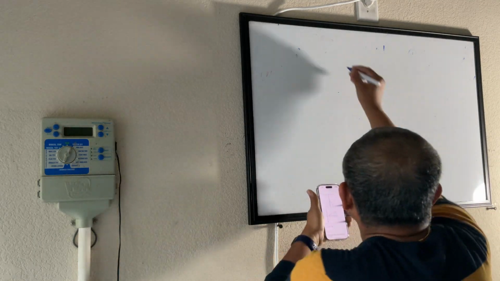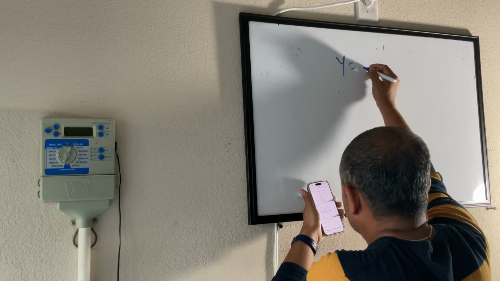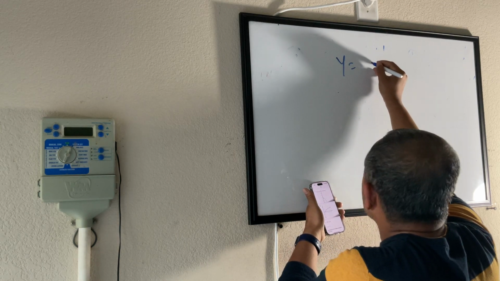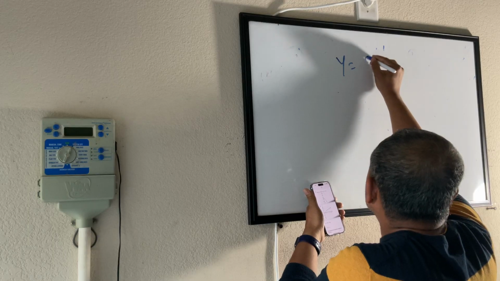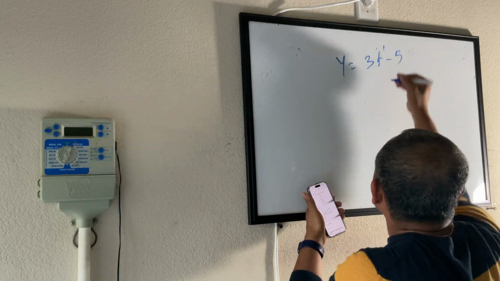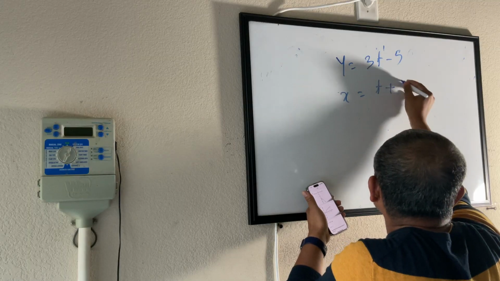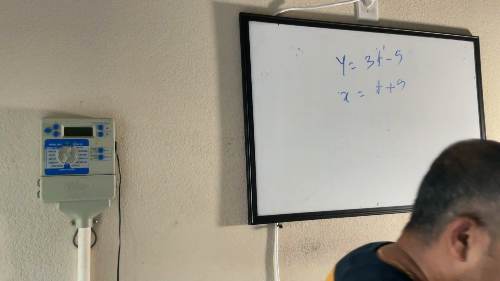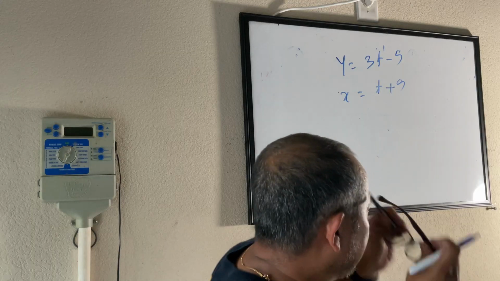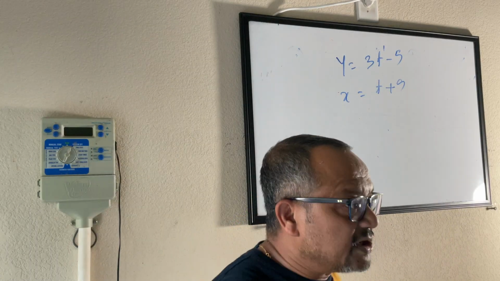If I have y equals 3t minus 5 and x equals t plus 9, can I draw a relationship between x and y here?